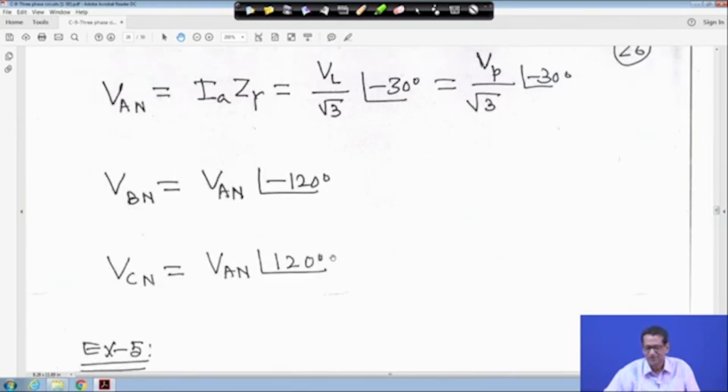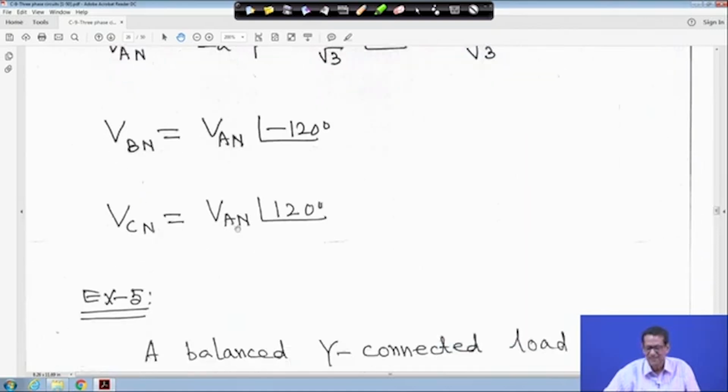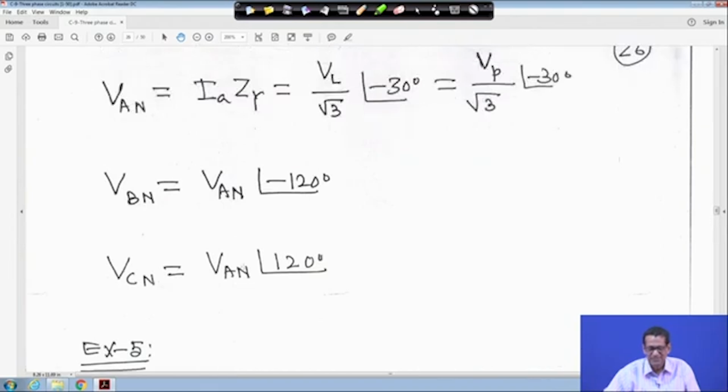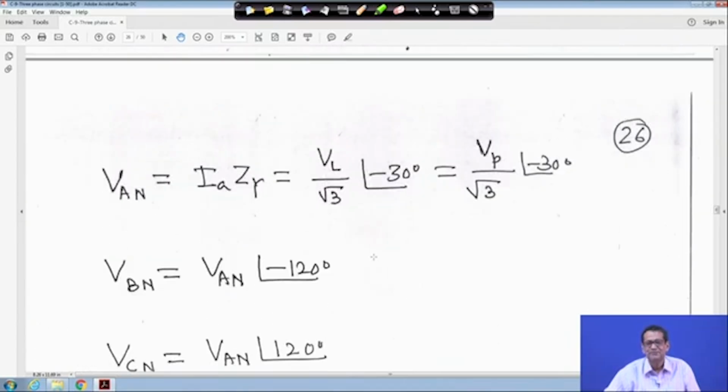If you substitute VAN is equal to VP by root 3 here, it will be VP by root 3 angle minus 150 degree, and your VCN is equal to VP upon root 3 angle 90 degree, right. So, with this, thank you very much, we will be back again.